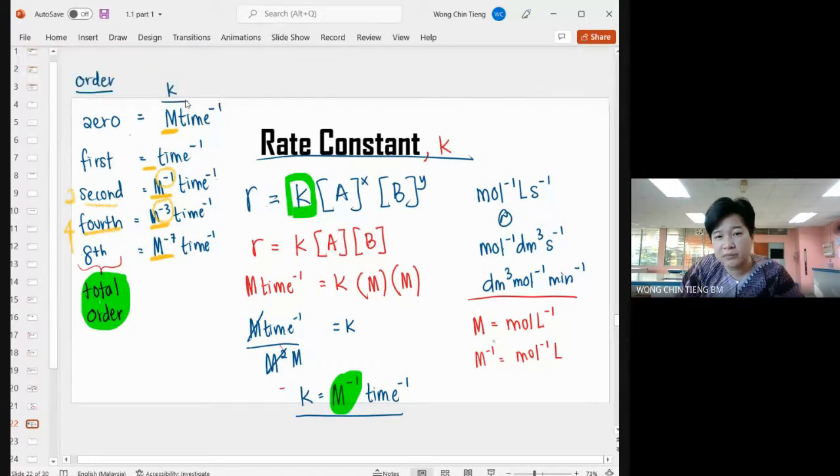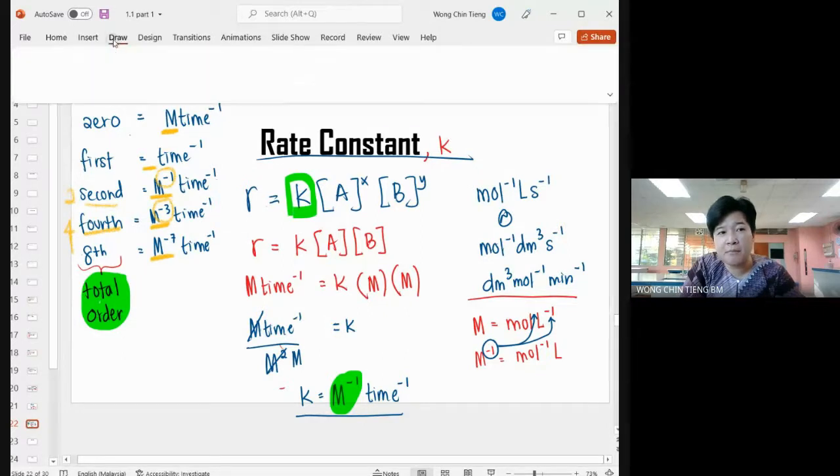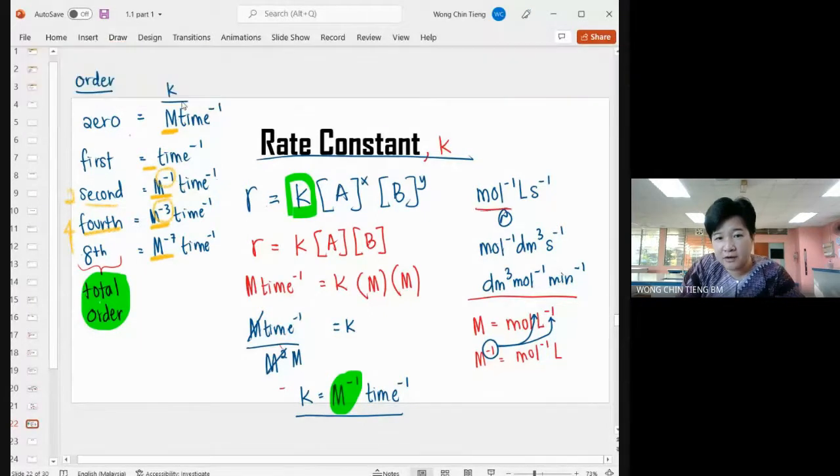Darab masuk setiap satu kuasa tu. Negatif 1 darab positif 1, jadi negatif 1. Negatif 1 darab negatif 1, jadi positif 1. Nampak dia terbalik? So bila kamu nampak dia adalah mol negatif, liter, kamu tukar sendiri.